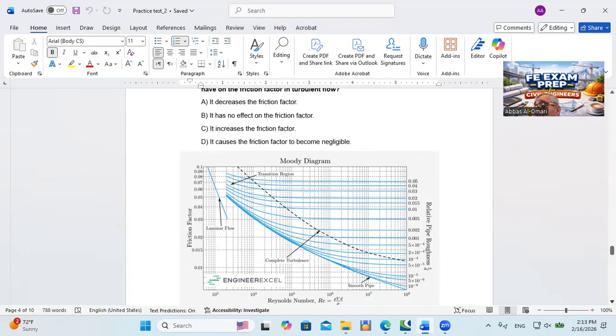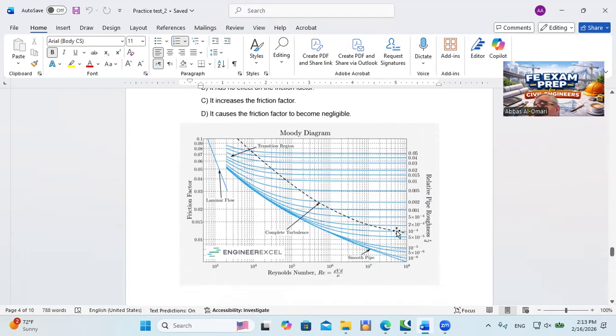In highly turbulent flow, when Reynolds number becomes very high, if you look at the Moody diagram, the curves become straight, so the friction factor is independent of the Reynolds number.